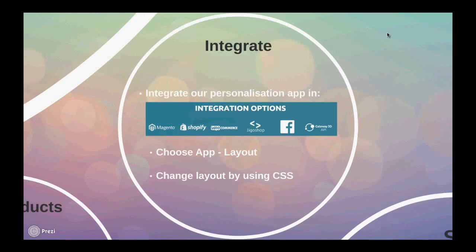So if you have your existing website already, either B2C or B2B, the next step is to integrate our personalization apps in your existing website. That works by using a Magento website, so we have an out-of-the-box plugin for Magento, Shopify, and WooCommerce, and also for Gigoshop and Facebook.